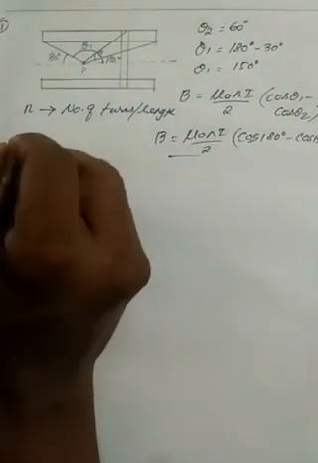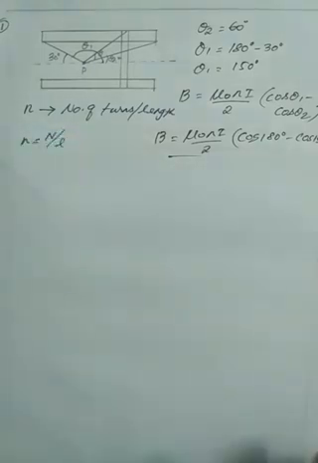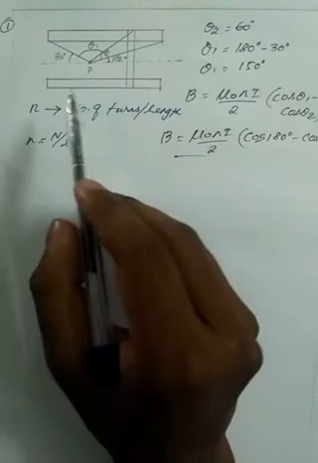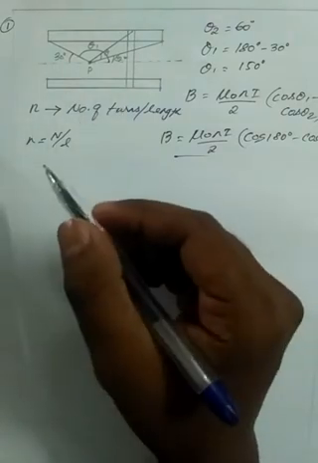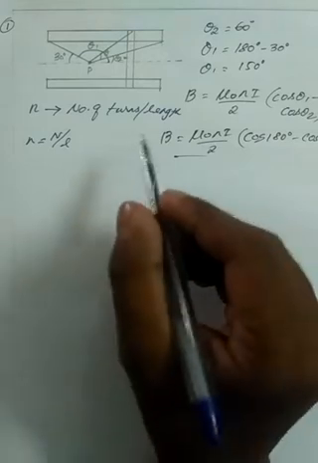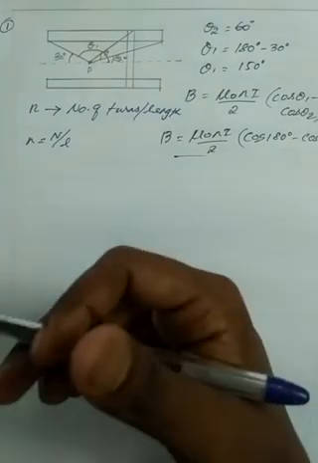So we can write this n as capital N by L. Okay, so what is number of turns? In that non-conducting material, we wound a coil of wire, so that wire number is known as number of turns. Okay, and length means up to which length we wound that coil.